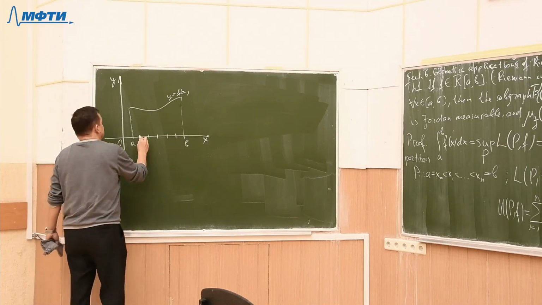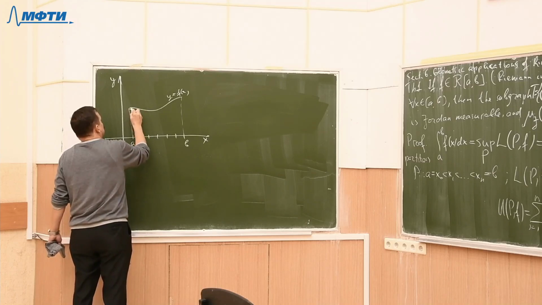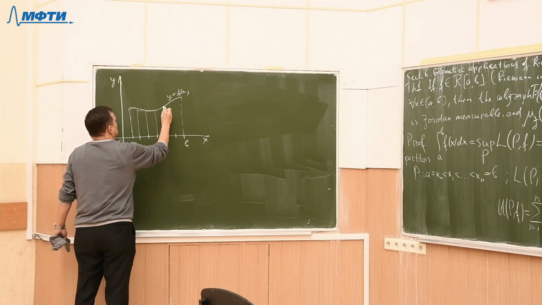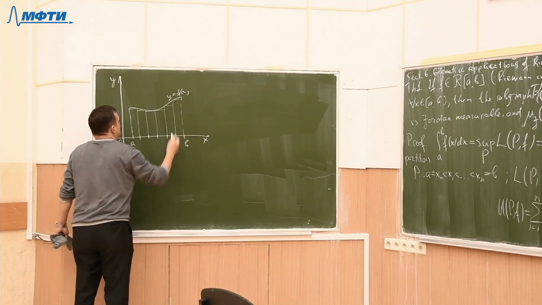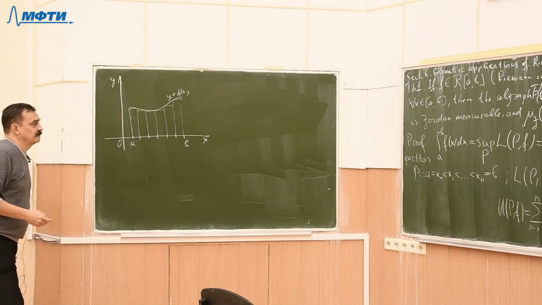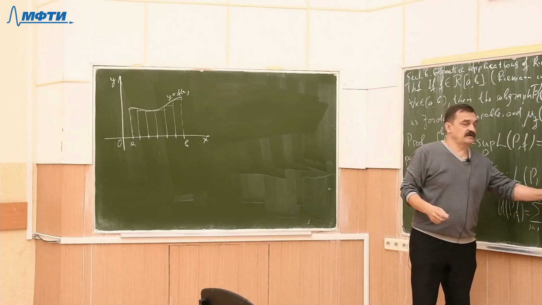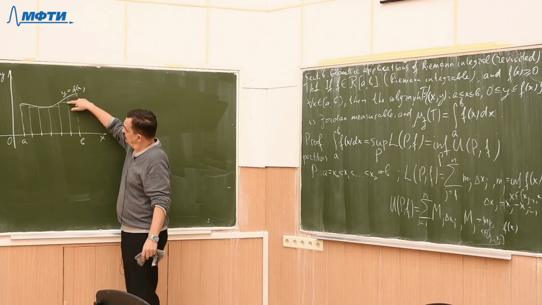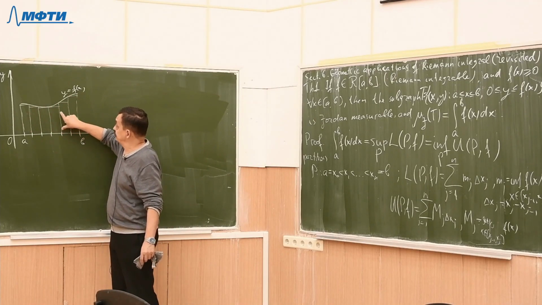And so if you look at the lower Darboux sum, we recognize that it is the area of this union of rectangles.